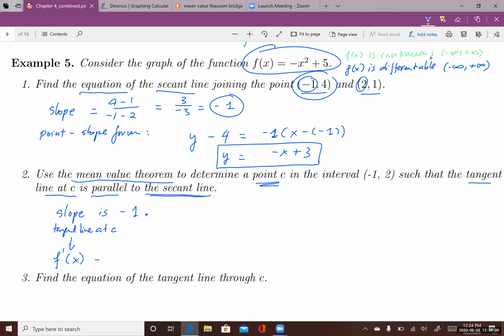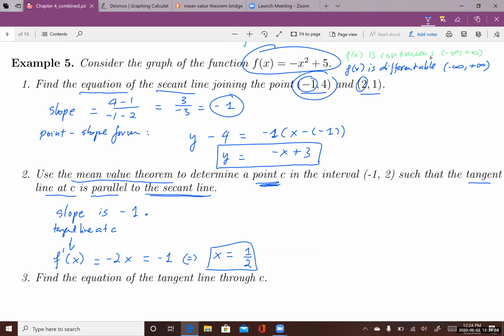So the derivative is -2x. The slope of the tangent line is -2x, and we know that it equals -1. So we set it equal to -1. Then we can solve for x equals 1/2. So if we know x is 1/2, then this is actually the point C here.